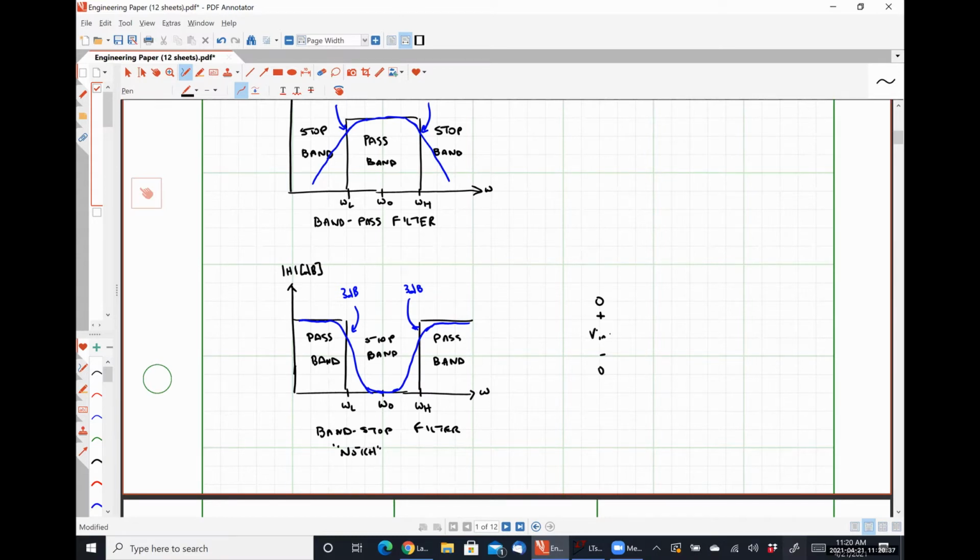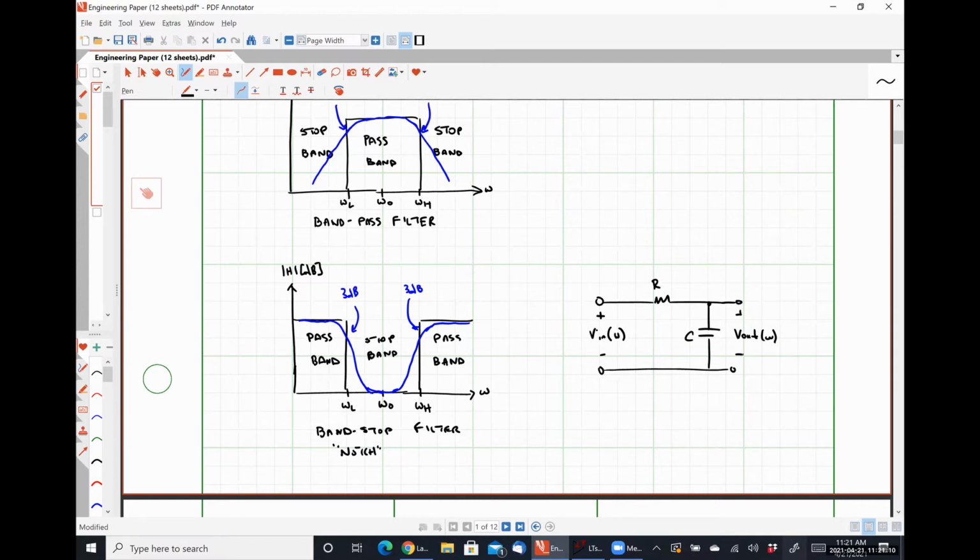So if we had a very simple circuit like this, where we have some input voltage, V in, that varies with frequency, here's a resistor, here's a capacitor, and here is V out as a function of frequency. This simple circuit is actually a filter, okay?